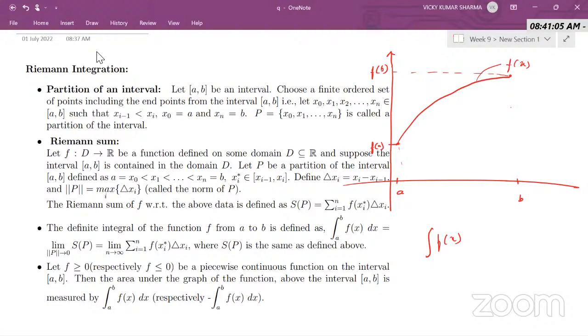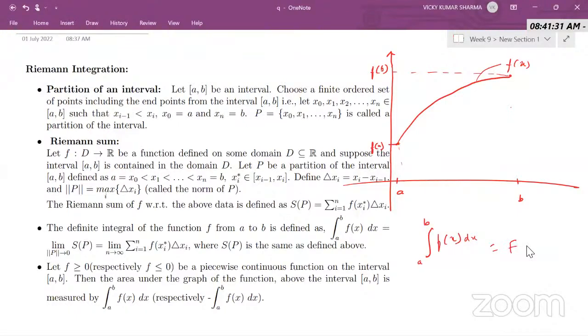That is from where to where? From a to b. So you take this a, b, right? Now when you do the integration of this, f of x dx, when you integrate this, you get some value, so you get some function.